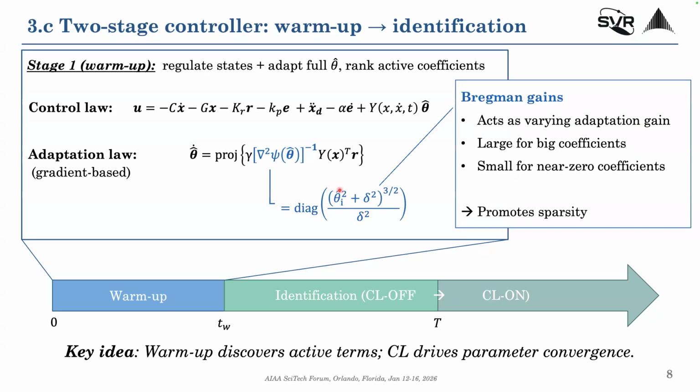So if the estimation is small, starting at zero, that is not active at all, it will stay frozen at zero. And if it is active, which is changing, this rate of change will also encourage it to move even faster. So this part will be able to discover which terms are active and not active. At the end of this stage, we will be able to select the active terms from the full set of coefficients.